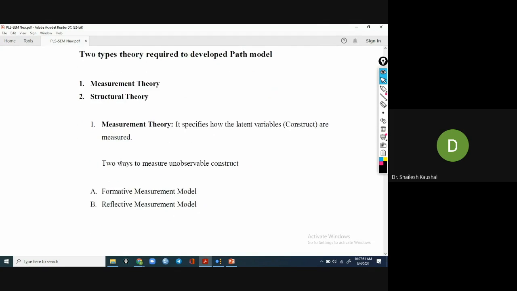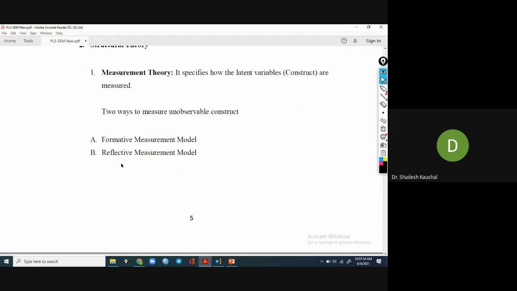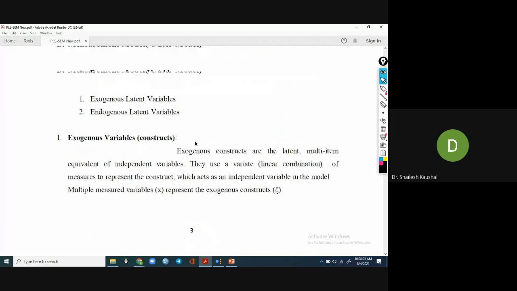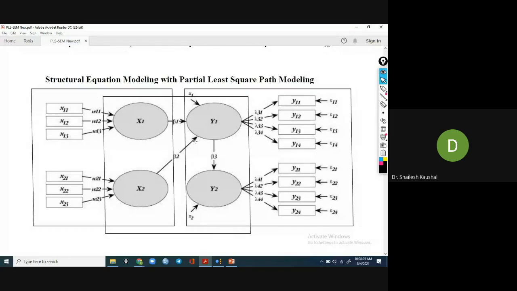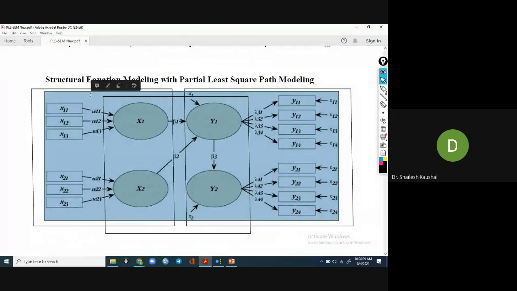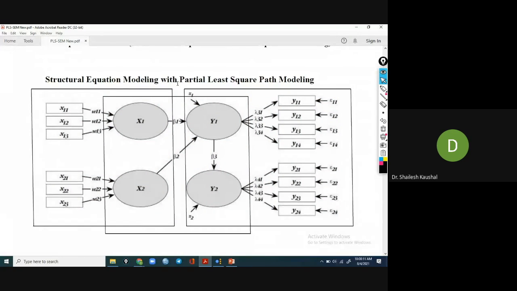Measurement theory, or the measurement model, can be divided into two parts. One is the formative measurement model. In this diagram there are two measurement models, one on the left-hand side and another on the right-hand side.